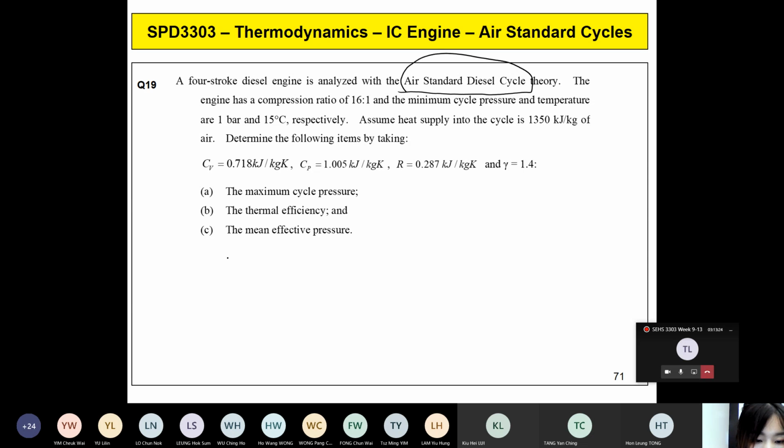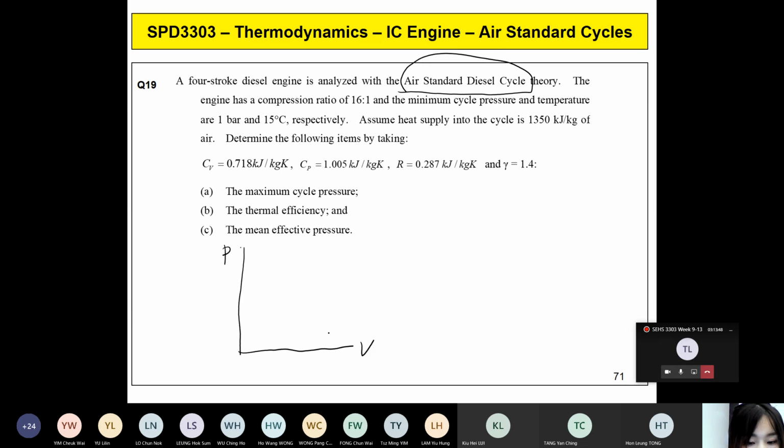So first, let's draw the PV diagram. We can directly draw the PV diagram according to the non-flow processes of the air standard diesel cycle.